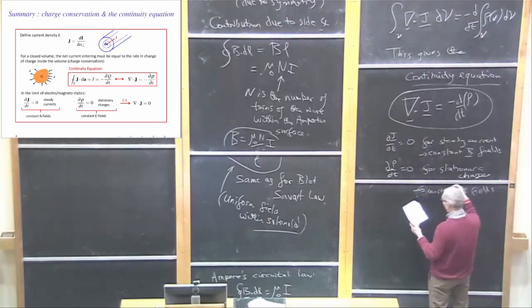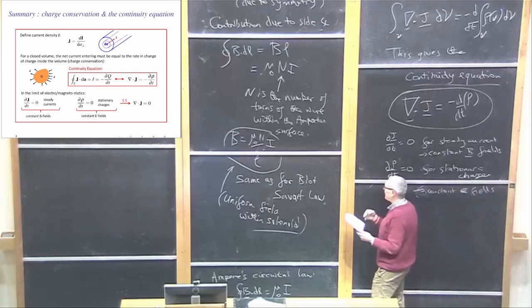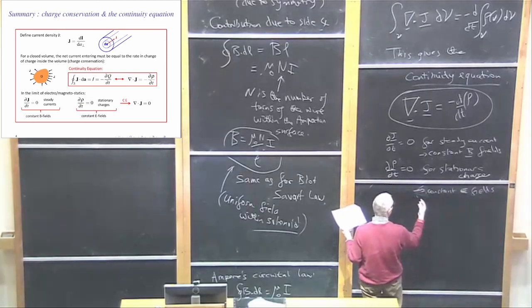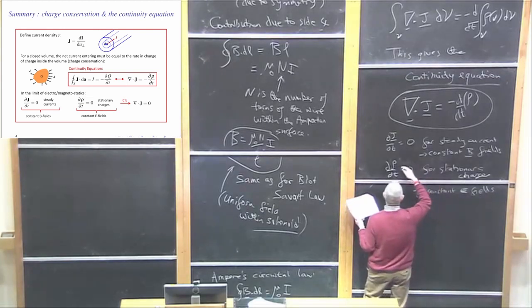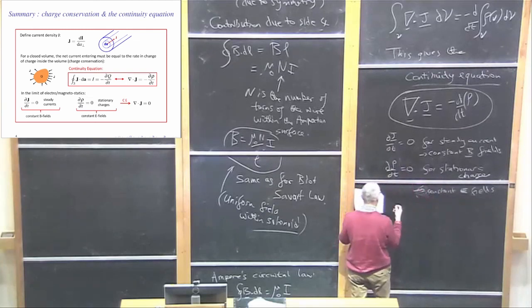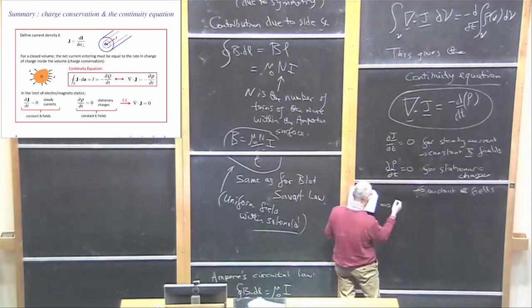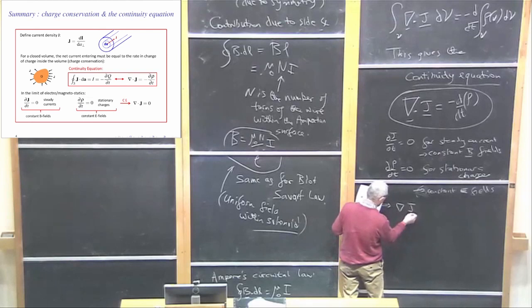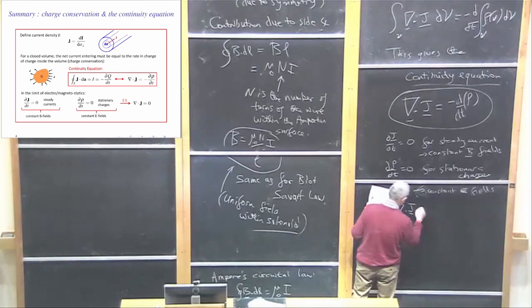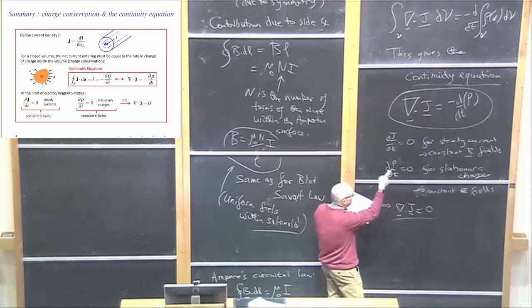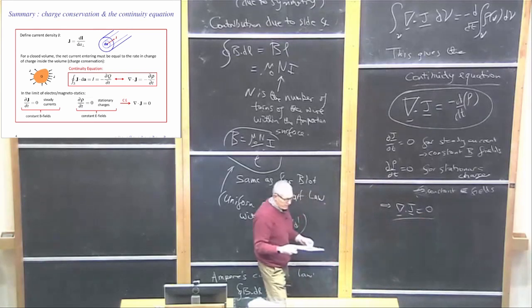So this is all electrostatics and magnetostatics: constant E fields, constant B fields. And of course, this would lead to the divergence of J being 0.